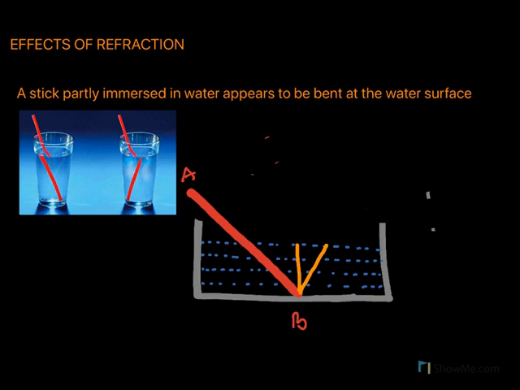I've just taken an example of two, and they will not travel in a straight line. This is not what's going to happen. They will bend at the interface because refraction will take place. Since they are entering a rarer medium, they will refract.